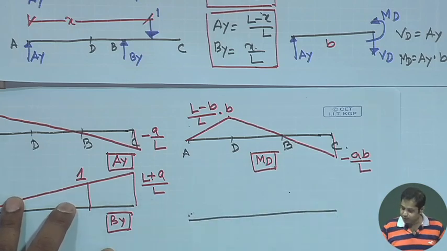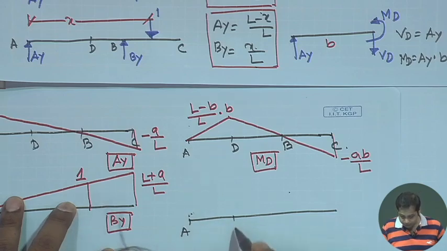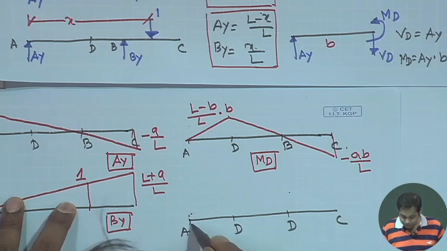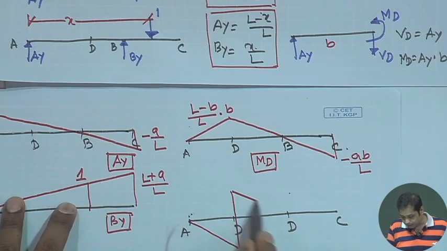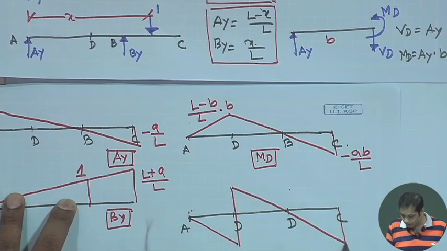Just plot the expression. One expression we have not determined. Please find out that and check these influence line diagrams. These become this, and then there is a sudden jump here, and then again this becomes this. Okay.